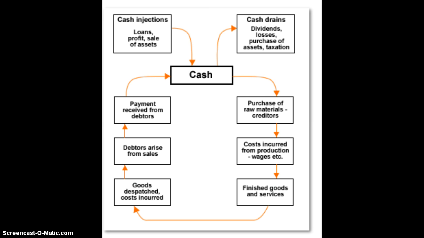The second type of current liability is creditors. So creditors are basically people or organizations that the business owes money to. Dividends are the next type of current liabilities, which are the shares of profits due to shareholders. When you buy shares of a business, you get your dividend.